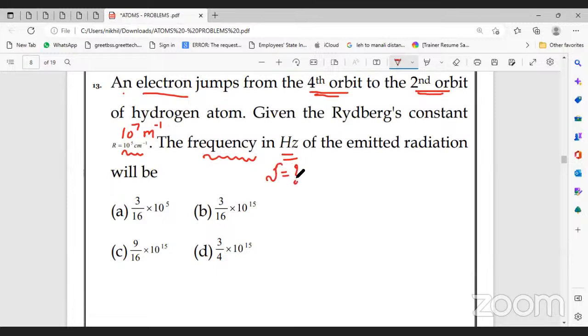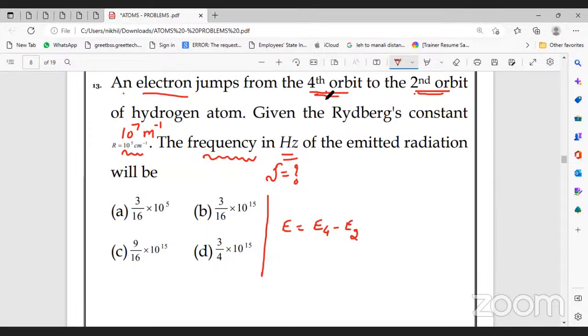Frequency in hertz. Now, you know that whenever the electron jumps from fourth orbit to second orbit, the energy emitted is equal to E4 minus E2.